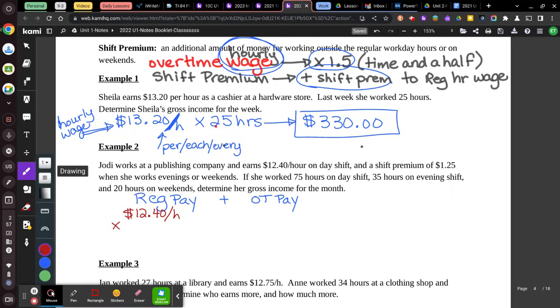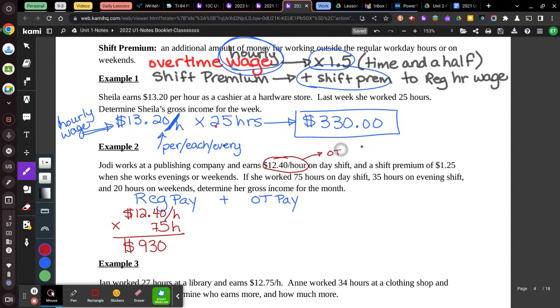It is 75 hours plus, so now I'm going to have $930.